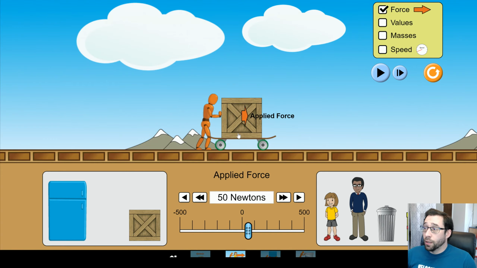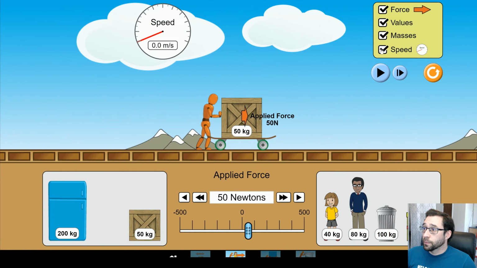So what I want to show you is when I hit play, I want you to notice that as long as the person is pushing the cart, the speed of the cart or the skateboard and the box is going to continually increase in magnitude.